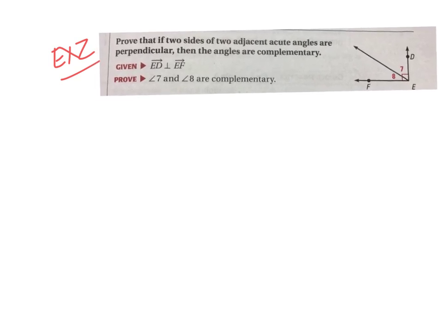They want you to prove that if two sides of two adjacent acute angles are perpendicular, then the angles are complementary. So we're basically proving Theorem 3.10 that we just read. So you do that by writing statements and reasons.